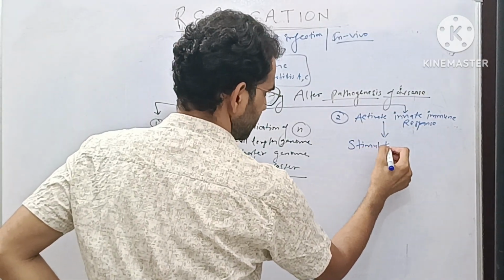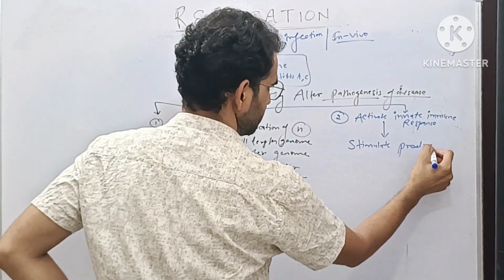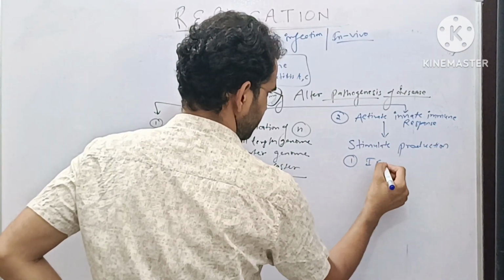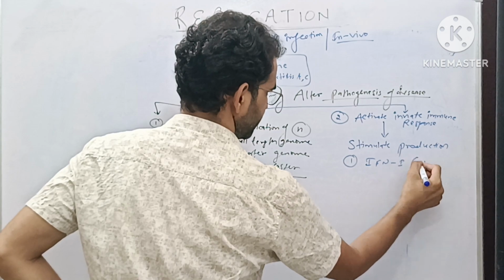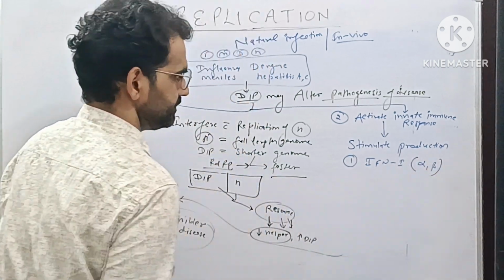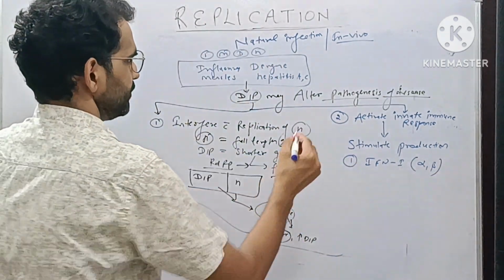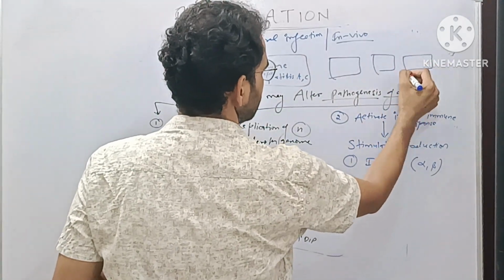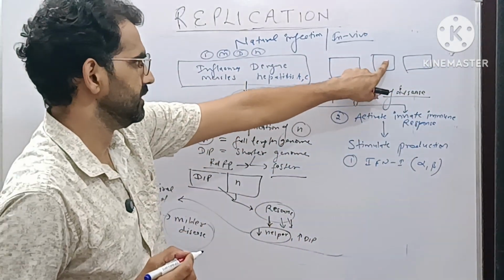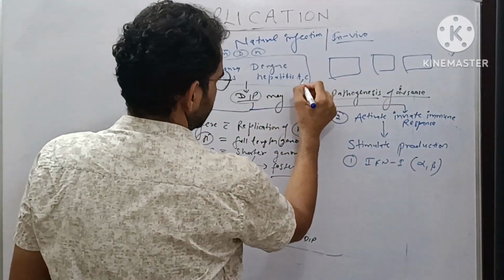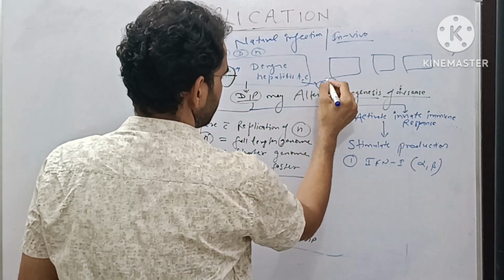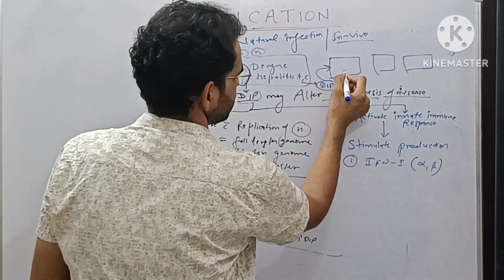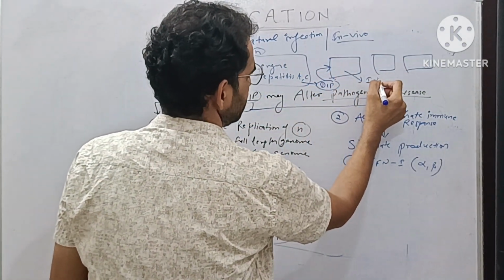They stimulate production of, number one, type 1 interferon, which is nothing but alpha and beta. Where are these produced? In the nearby cells. The DIP comes from this normal cell, and they stimulate these nearby cells, and what comes out is interferon type 1.